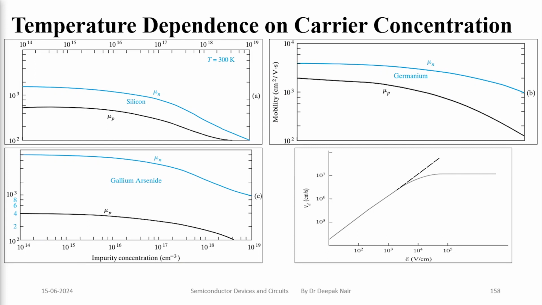The last graph shows the relation between the voltage that we apply and the velocity of electrons or holes, or we can say charge carriers. If we keep on increasing the voltage for a certain time period, the velocity of charge carriers increases linearly.